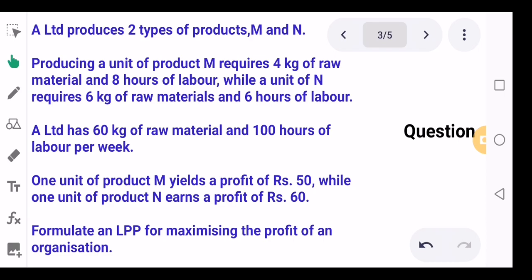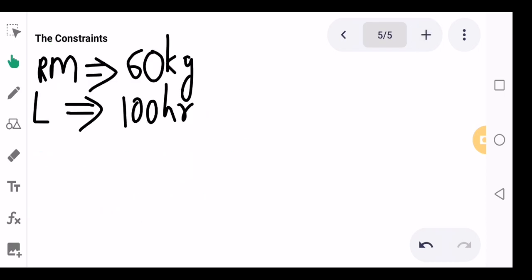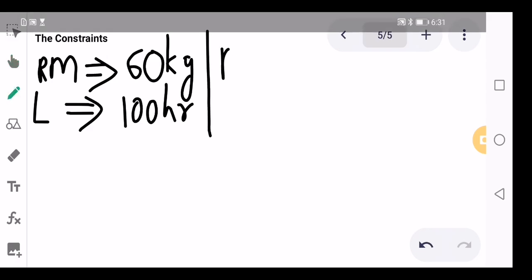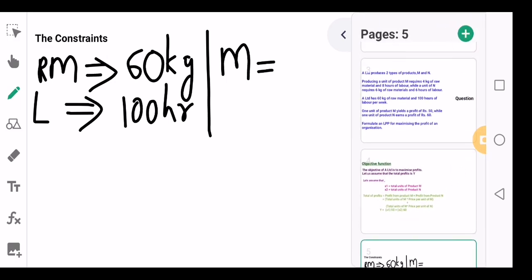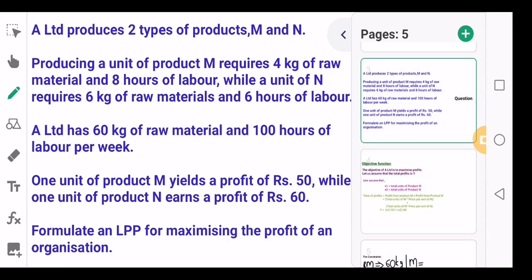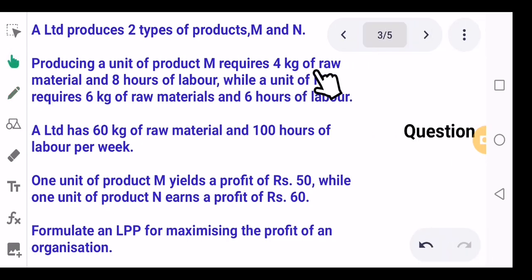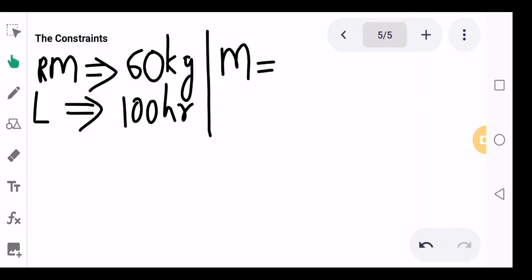Let's read it again: to produce product M, you require 4 kg of raw material and 8 hours of labor. This is for 1 unit: 4 kg of raw material plus 8 hours of labor.